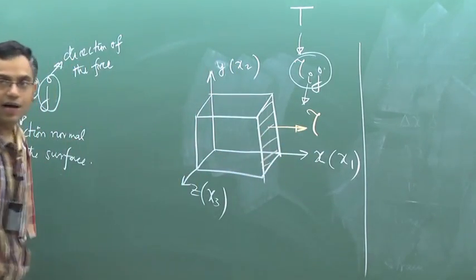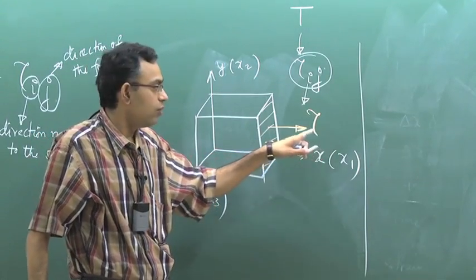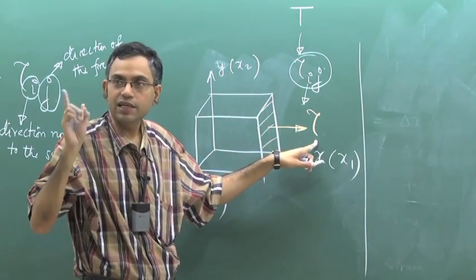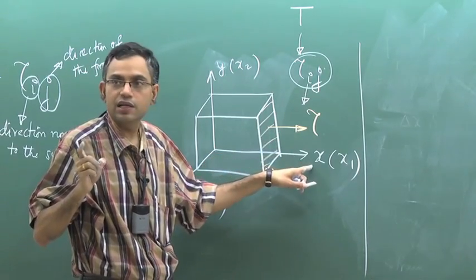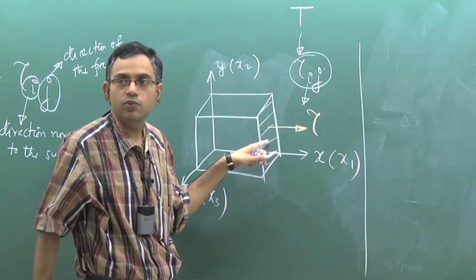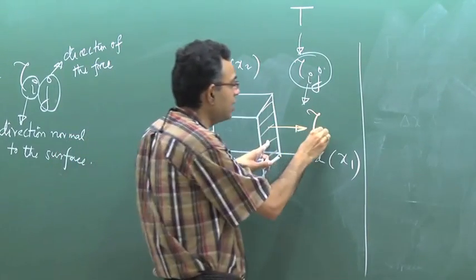I will just write tau. You have to tell what will be the indices. What will be the first index? The first index is the normal to the surface under consideration. This surface has normal in what direction? x1, right? So, the first index is 1.